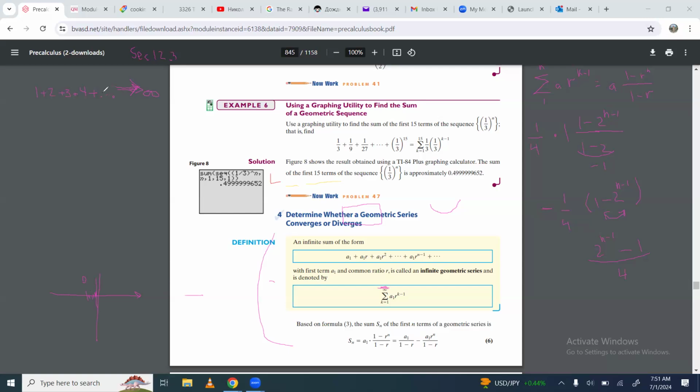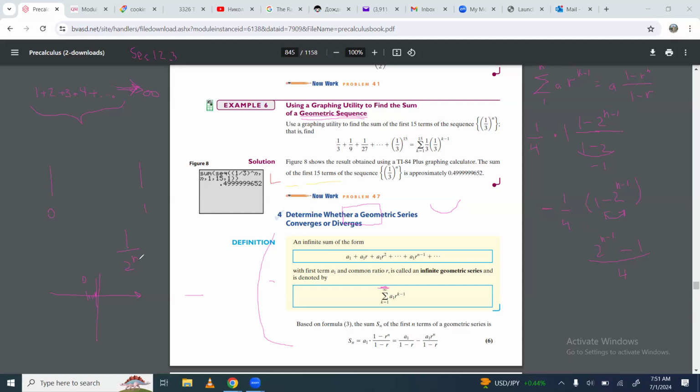But the idea is that sums sometimes can be found if we're using geometric sequences. And that's why geometric sequences are so remarkable. For example, take a sequence of numbers like 1 over 2 to the power of n.